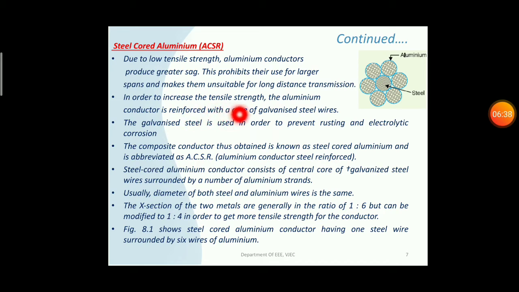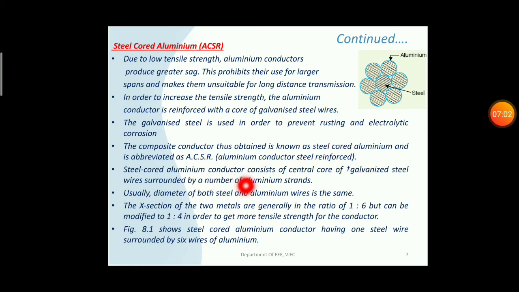In order to increase the tensile strength, aluminum conductor is reinforced with galvanized steel wires. Galvanized steel is used in order to prevent rusting and electrolytic corrosion also. The composite conductor is called steel cored aluminum or ACSR, aluminum conductor steel reinforced.